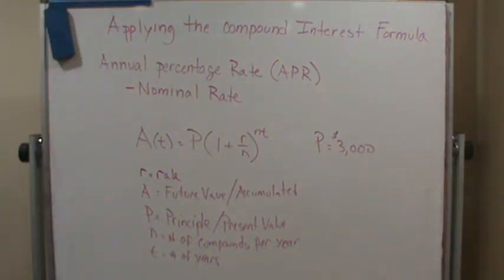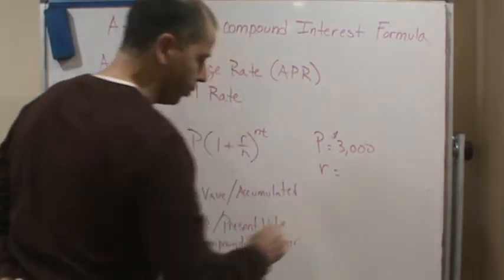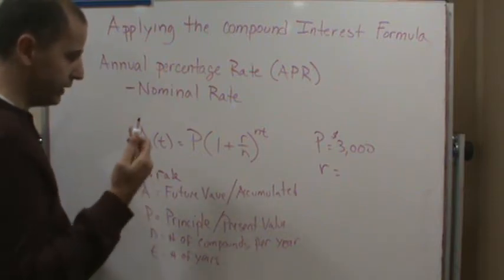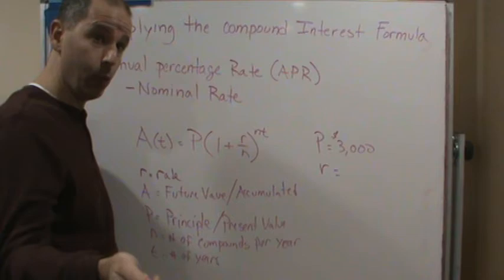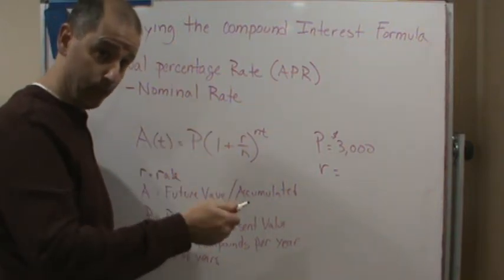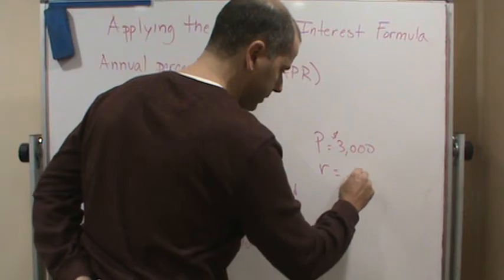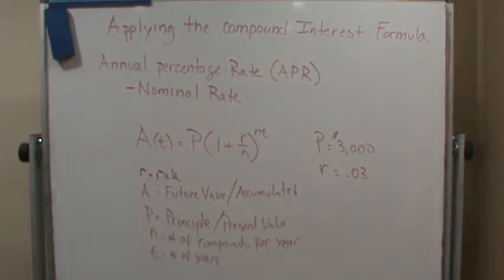And we're investing at an interest rate of 3%. So R, now here's the other thing too. R is given as a decimal. The problem will give a rate as a percentage, but when you put it in the formula, it's in decimal form. So if it's 3%, then R is going to be 0.03.